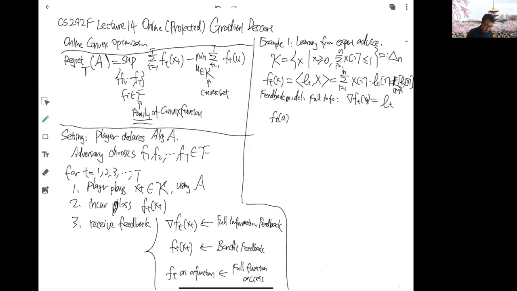So you can only see, I guess, e_A, where e_A is a standard basis vector, that gives you L_t(A). Okay, so in this case, you are only observing the objective function value of the action that you played. In this case, it becomes the bandit feedback.